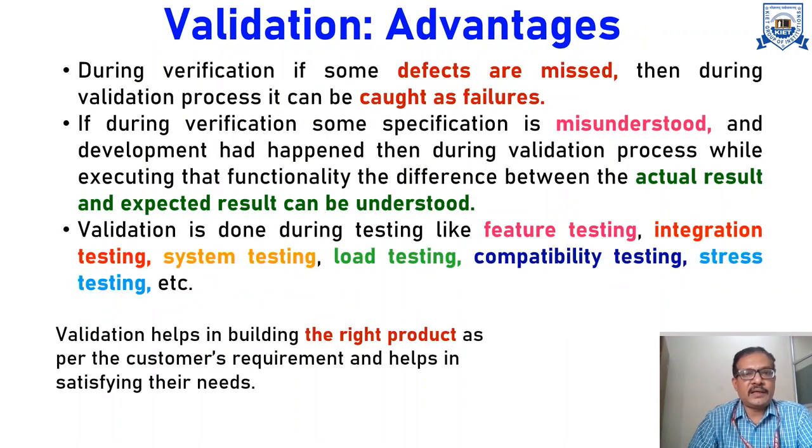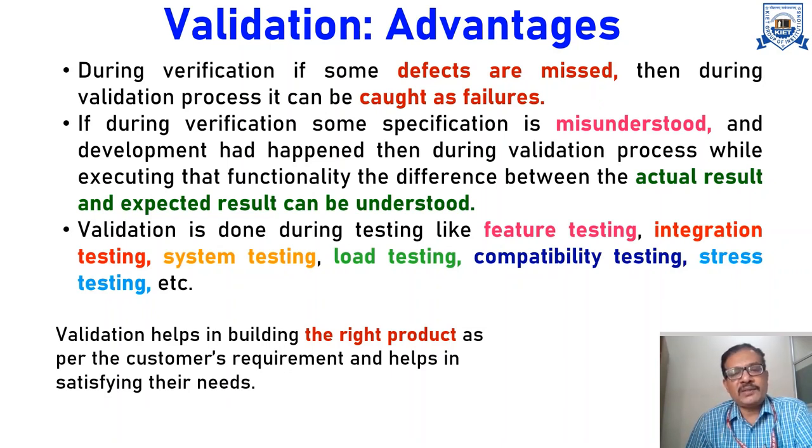And if you look at the validation advantages, during verification, if some defects are missed, then during the validation process they can be caught as failures. If some specification is misunderstood during verification and development has happened, then during validation, while executing the functionality, the difference between the actual result and expected result can be understood.